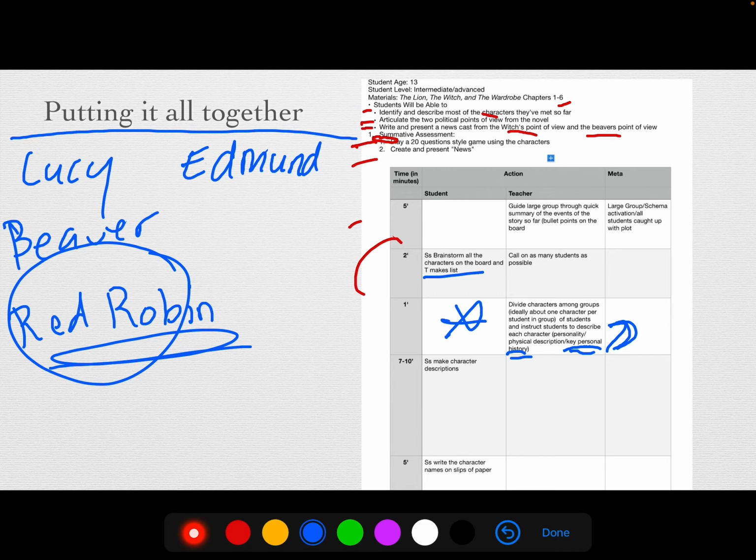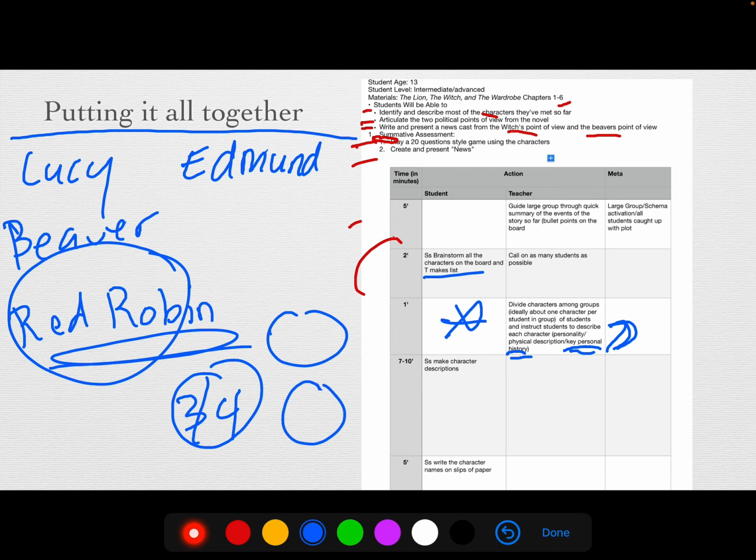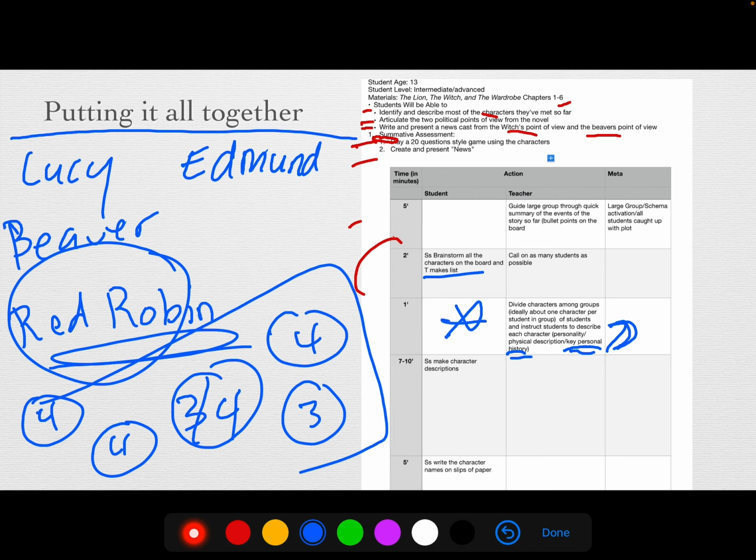And I will divide the characters up. So if my students are in groups of 3 or 4, let's say I have little tables of 3 or 4 students. 4 here, 4 here, 3 here, 4 here, right? If this is my classroom, okay? So I'll say, okay, this group, you guys are going to do the Red Robin and the Beaver.